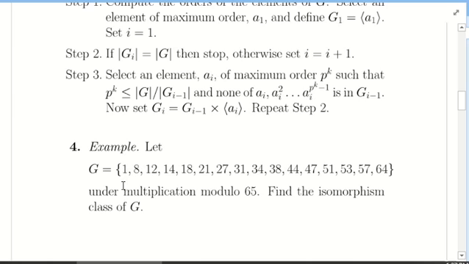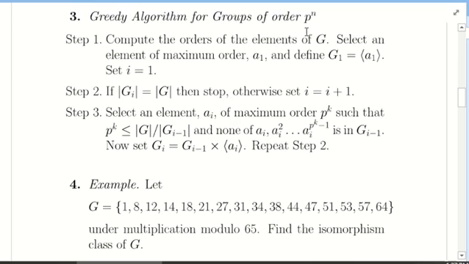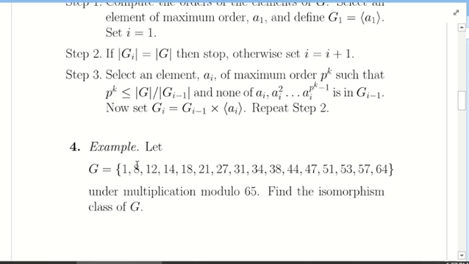Now, we know that the order is 1, 2, 3, 4, 5, 6, 7, 8, 9, 10, 11, 12, 13, 14, 15, 16. Okay, the order is 16. So it is a prime power, 2 to the 4. There are partitions of 4 number of possibilities for G, right?